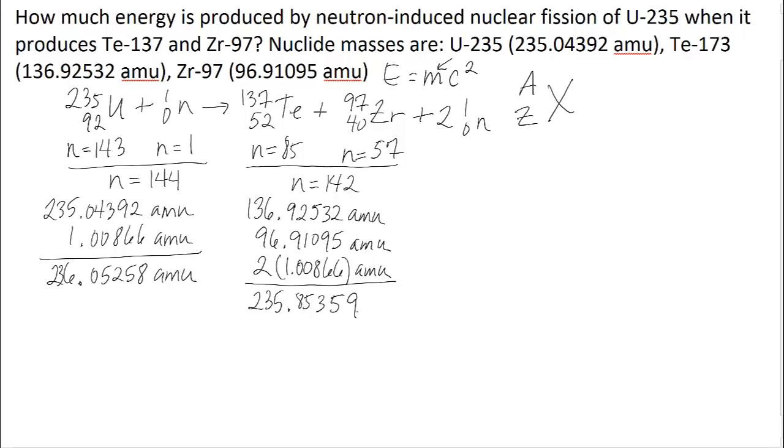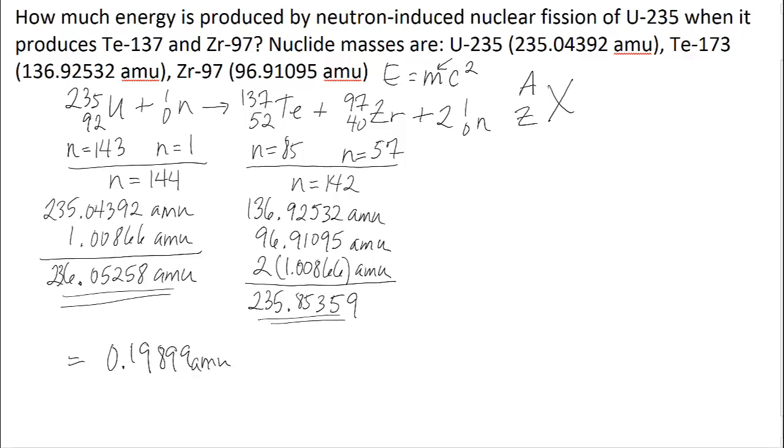To get the mass loss, you subtract the mass of the products from the mass of the reactants. And when you do that, what you get for your mass loss is 0.19899 AMU.